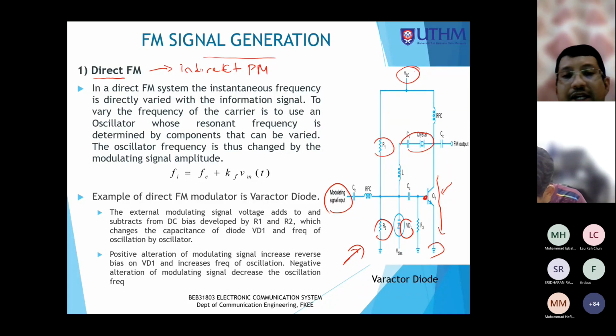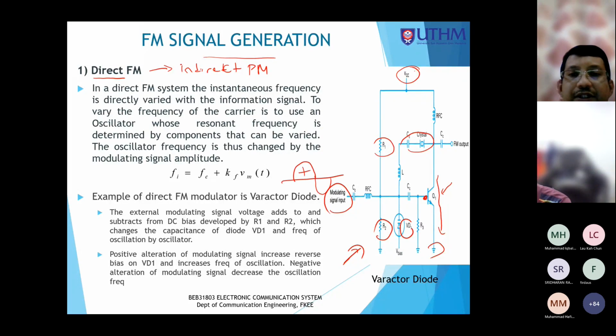Positive alteration of the modulating signal, that means the positive cycle, increases the reverse bias on VD1 and increases the frequency of the oscillation. Negative alteration of the modulating signal decreases the frequency of the oscillation.